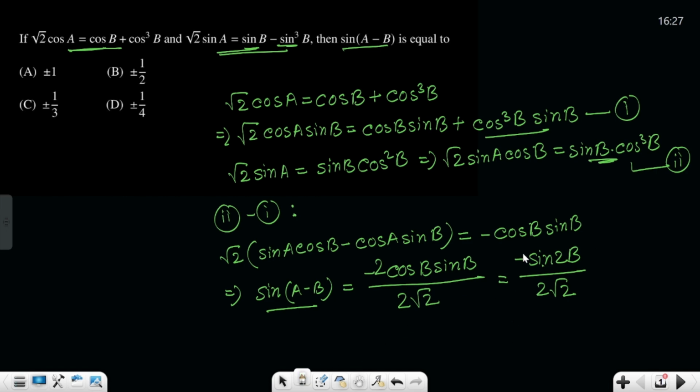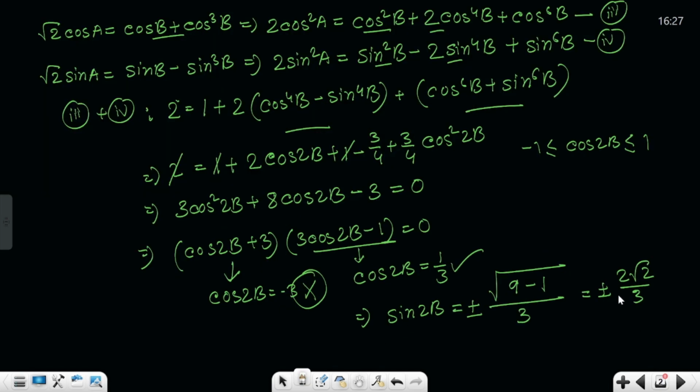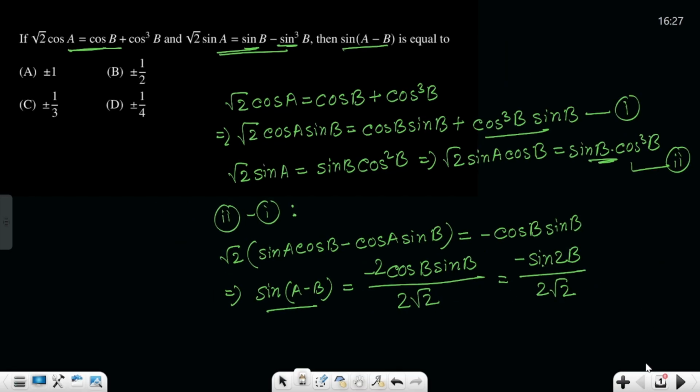So let's do it. We got sin 2b equal to plus minus 2 root 2 by 3. So first we will put sin 2b equal to plus 2 root 2 by 3. If we do it, it will be minus 2 root 2 by 3 upon 2 root 2. So this and this will be cancelled and minus 1 by 3 will be left. And if we put sin 2b equal to minus 2 root 2 by 3, minus minus will be plus.